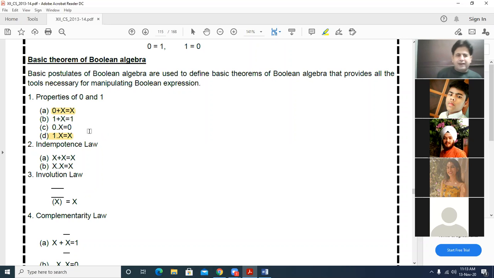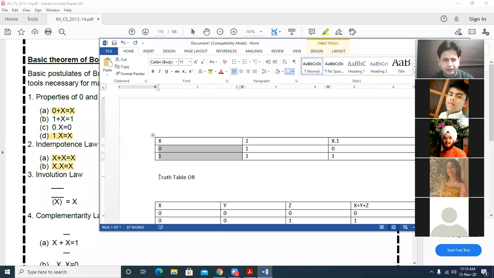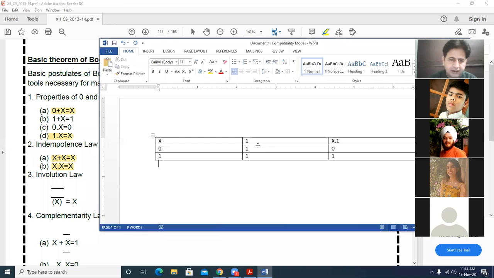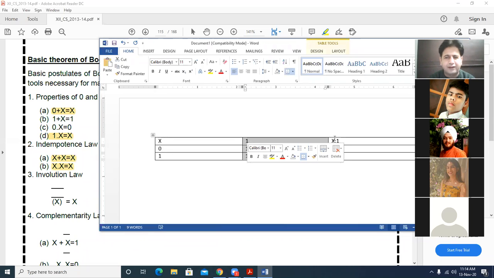So if you have any doubt you can raise your hands, otherwise I am going to discuss the next theorem. The next theorem is called the idempotence law. The idempotence law has two things: x or x is always equal to x, and x and x is always equal to x. Look here, I'm proving this. I take one variable x, another is also x.